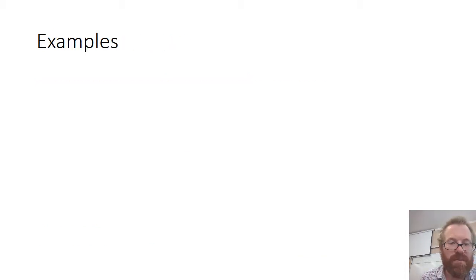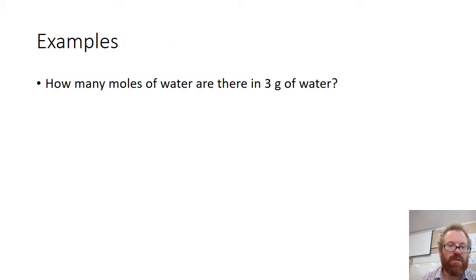So here's some examples. First question, how many moles of water are there in 3 grams of water? Here's the molecular mass been given to me, 18 grams per mole.